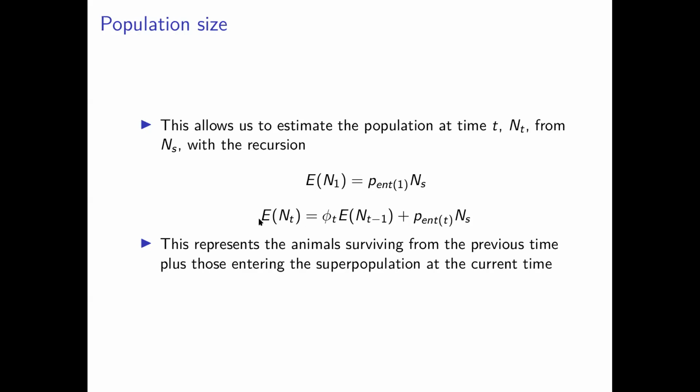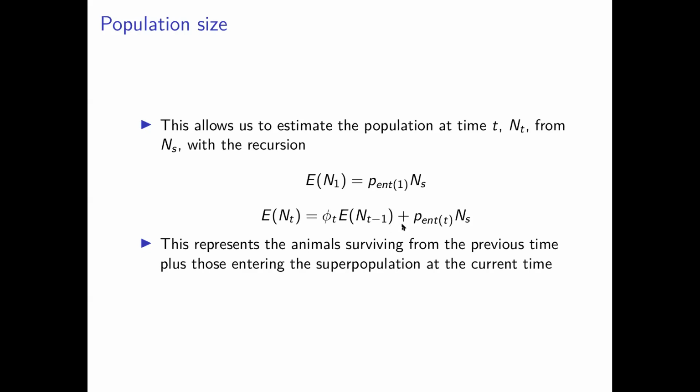And then for any t, the expected population size is the expected number that survived from the time before. So that's the survival probability. Actually, this should be t minus 1 here. So the survival probability applying to the time before multiplied by the expected population size at the time before.